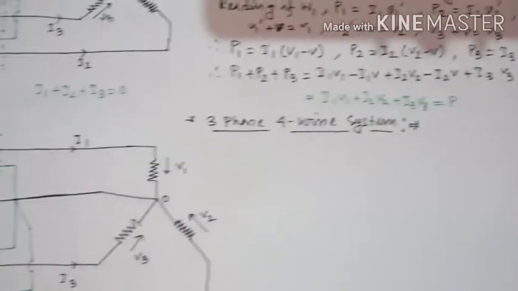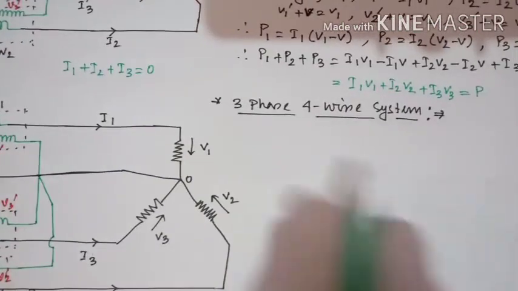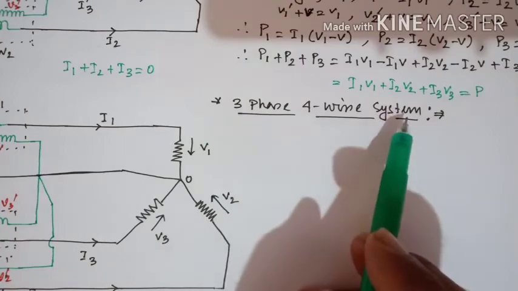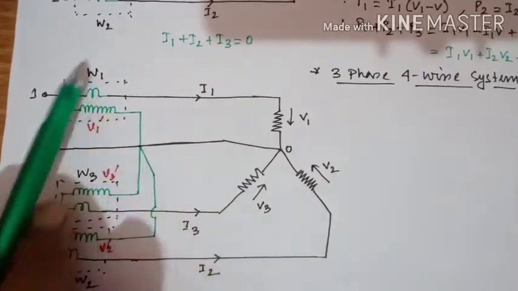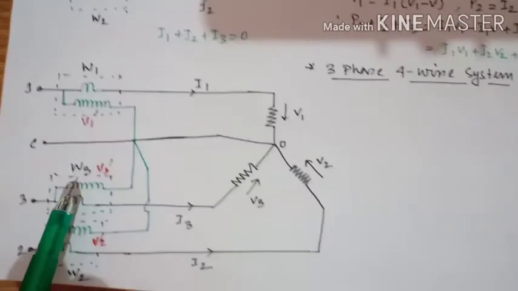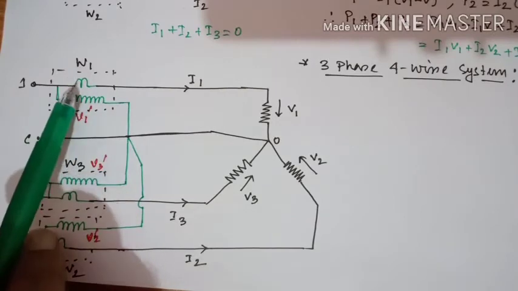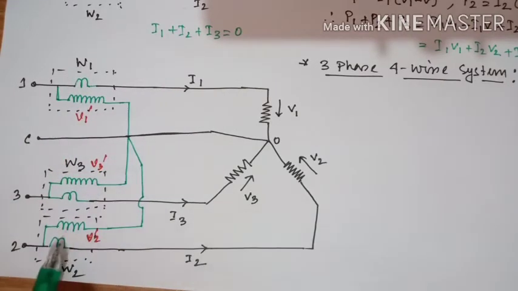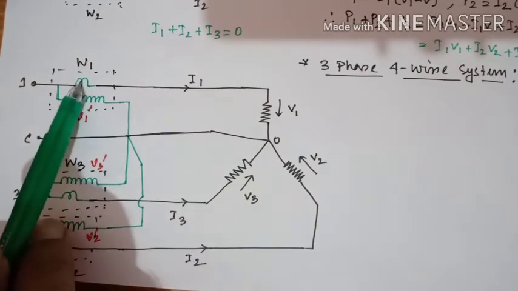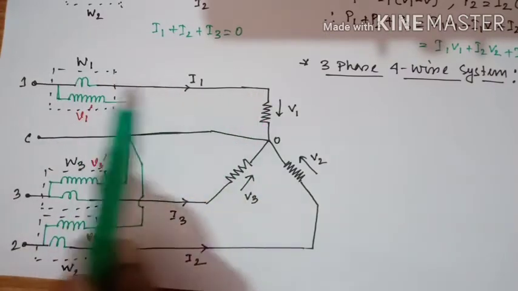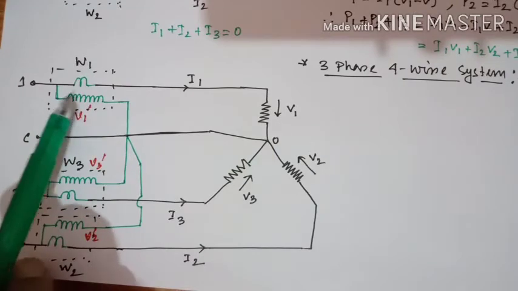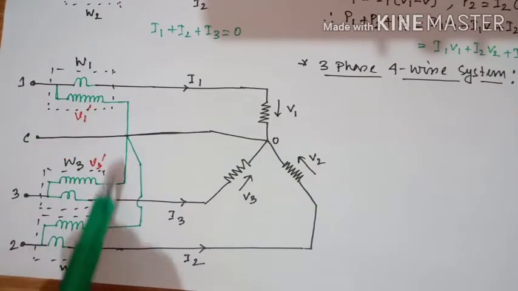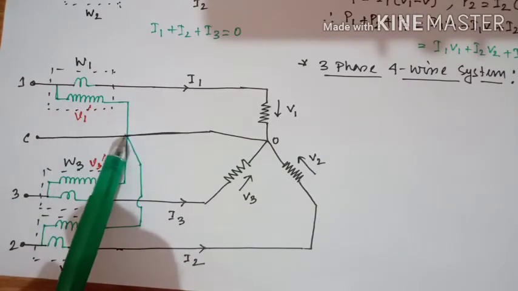Now here in the next diagram we have explained the three-phase four-wire system. Here all the diagram is basically the same, that you can find here W1, W2 and W3, three different wattmeters, each has a current coil. All the current coils are connected in series with these loads, and all the pressure coils of the three different wattmeters are connected together into a point which is called common.